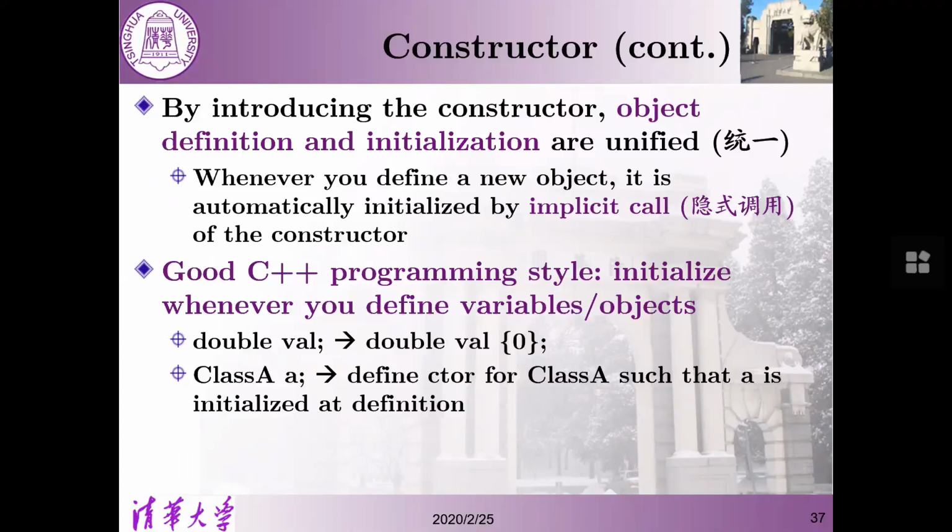Whenever you define a new object, it is automatically initialized by this implicit call of the constructor. So now a good CPP programming style is to initialize whenever you define variables. This is the grammar, I think for CPP 17, to define a variable and initialize it. And this one is for defining an object, but you need to define the constructor to automatically initialize the members.